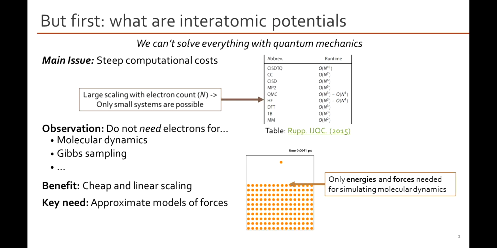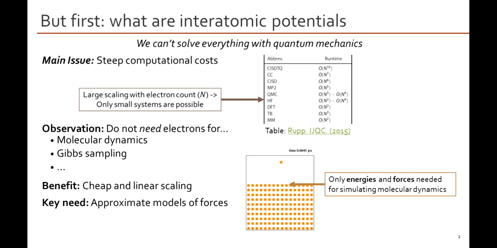It's N cubed for density functional theory, and it's as high as N to the 7 for techniques like coupled cluster. So this means that you not only have to be prepared to spend a lot of time to run a quantum mechanics calculation, but that you're really only limited to small system sizes because of this scaling.